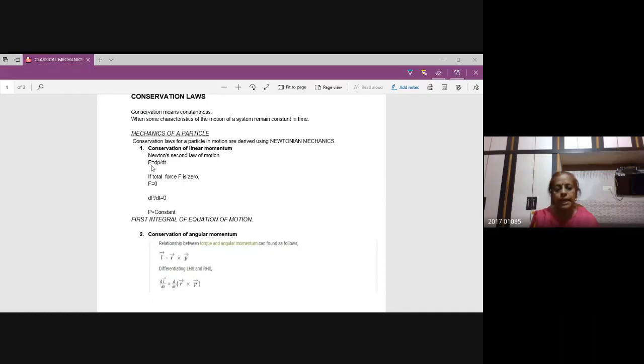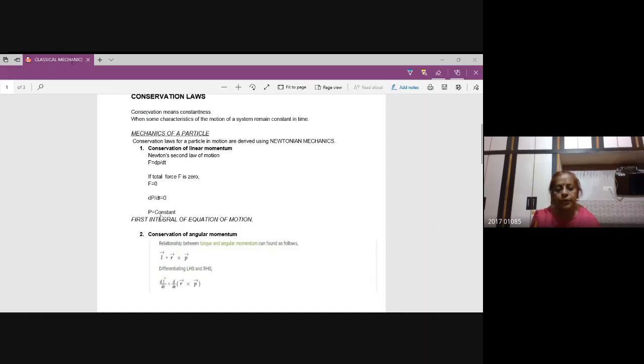When the total force acting on the particle is 0, that is F equal to 0, we get dp upon dt equal to 0. Integrating this equation, we get p equal to constant.